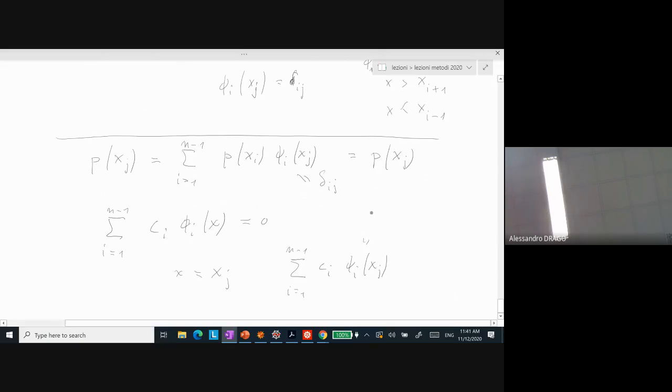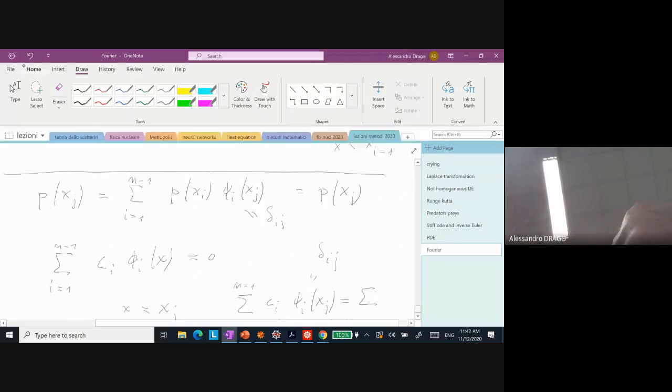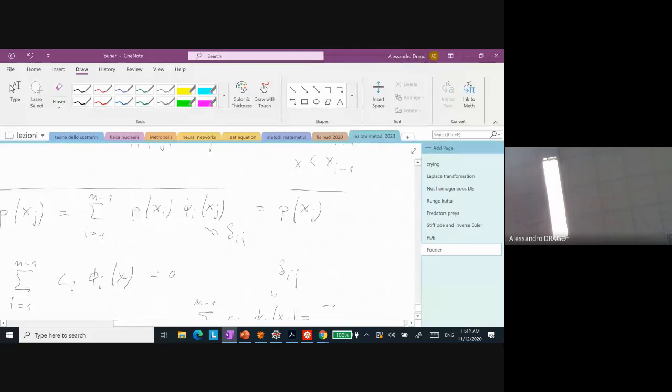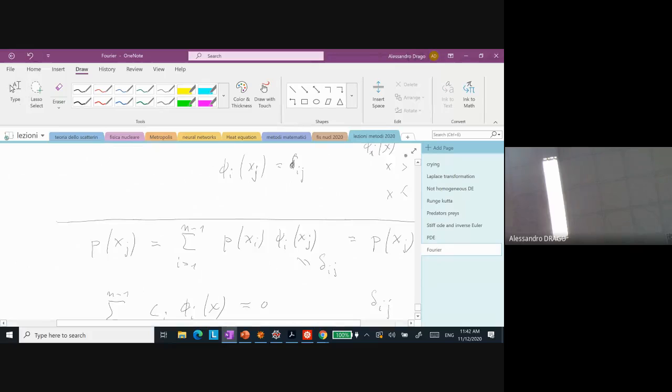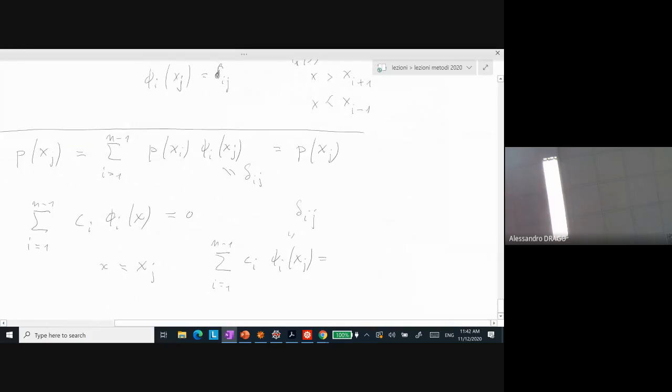But this object again is delta_ij, which kills the sum, so this is just c_j, and this must be equal to 0.